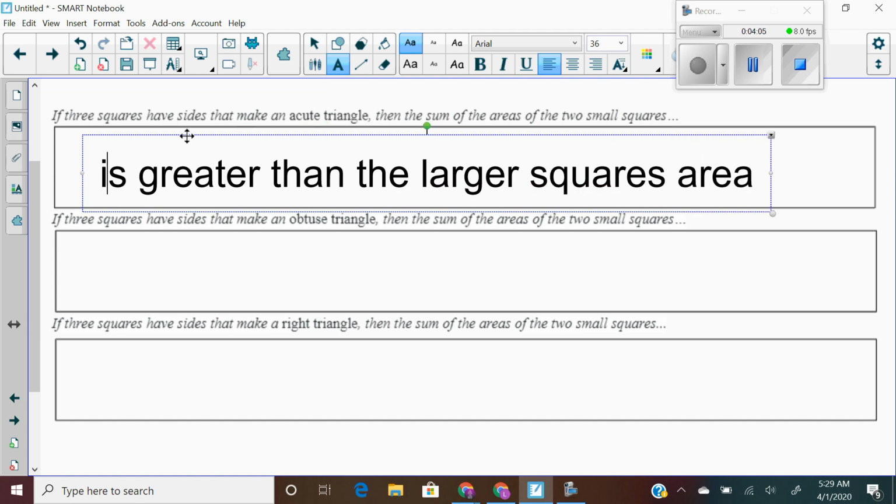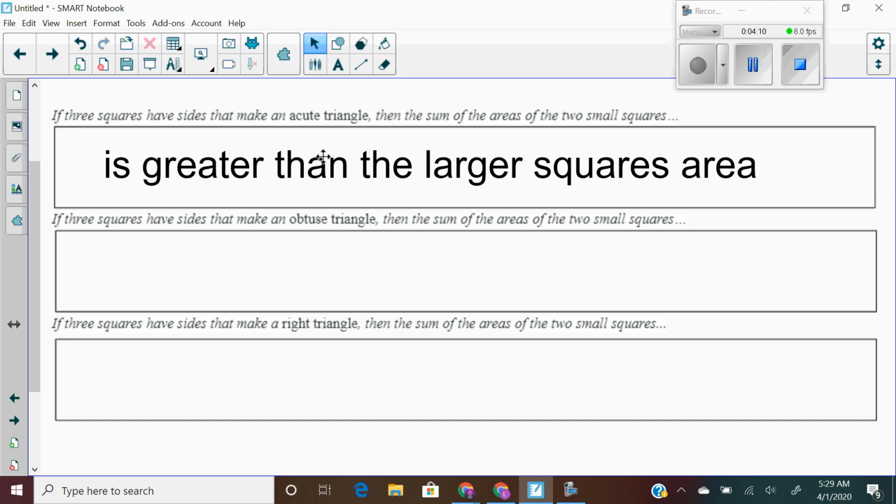I tried to remember this: acute means less than 90 degrees, so this is the opposite of that. So it's got to be greater than, okay?